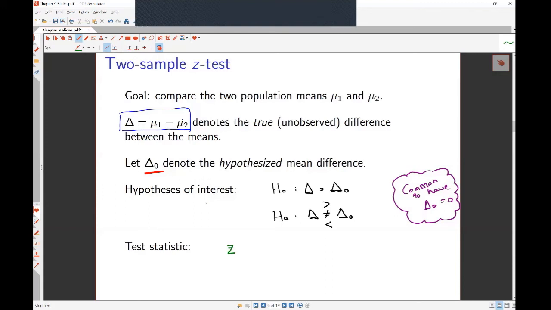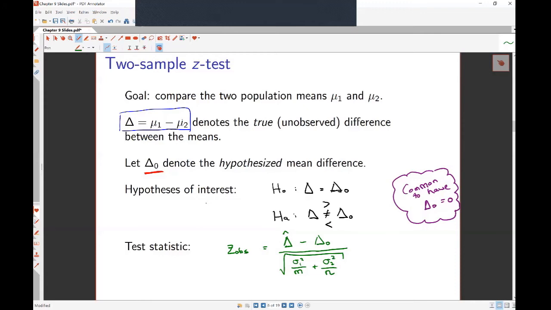the test statistic is again going to be z value. And in this case, z observed is defined as delta hat, so the difference of the sample means, minus delta naught divided by the square root of sigma 1 squared over m plus sigma 2 squared over n.